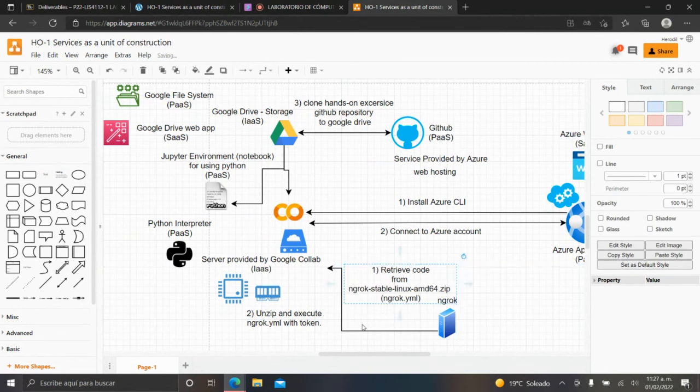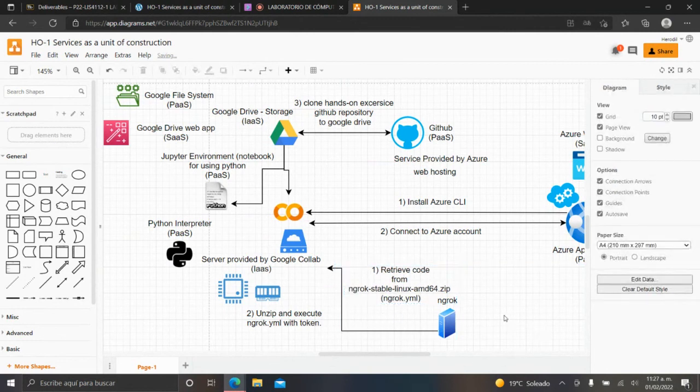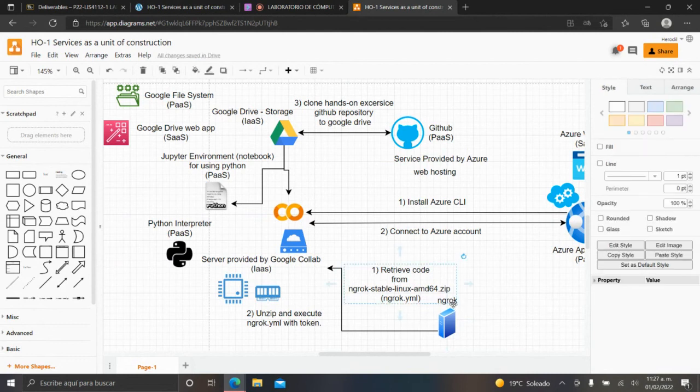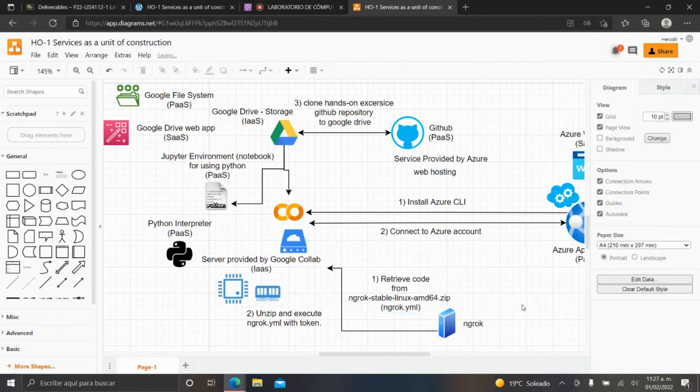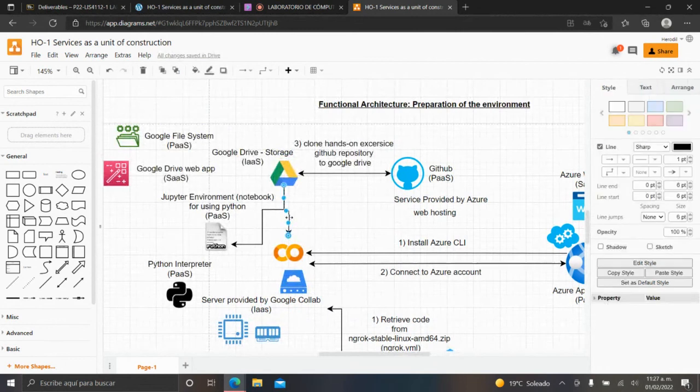Which is the workflow that makes it possible for the application to be accessible on the internet, and the role of ngrok within this, and other processes that are involved in this kind of exercise. So that would be the second question of the exercise.